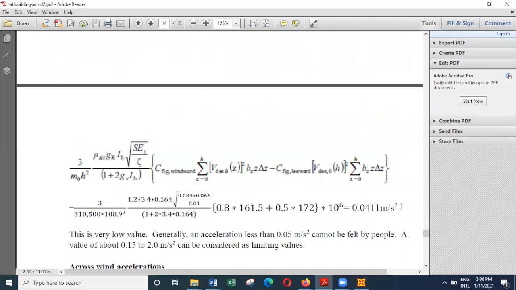And if this acceleration is more than 0.2 meters per second squared, then you will think that it's not a good building to go ahead, because once the building is constructed, there's a chance that on a windy day, people will feel the movement of the building, and when they experience this too often, they will not like it.